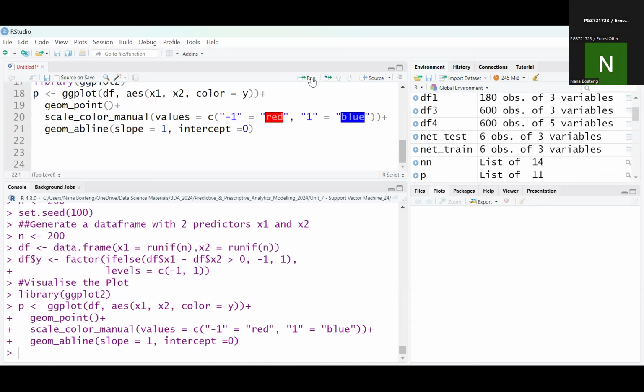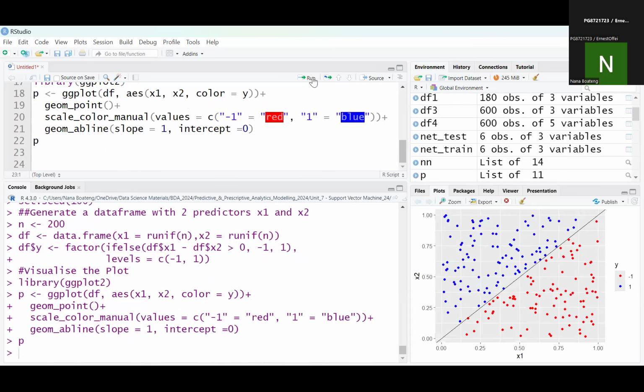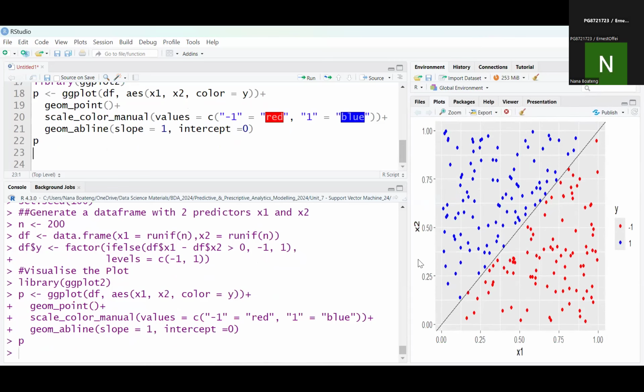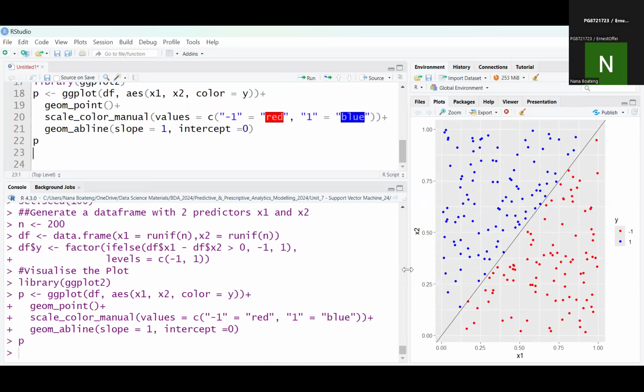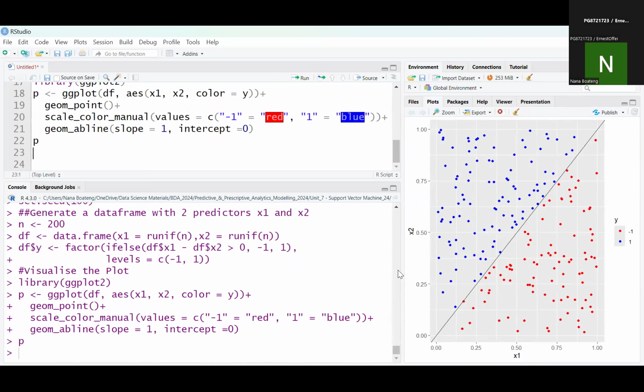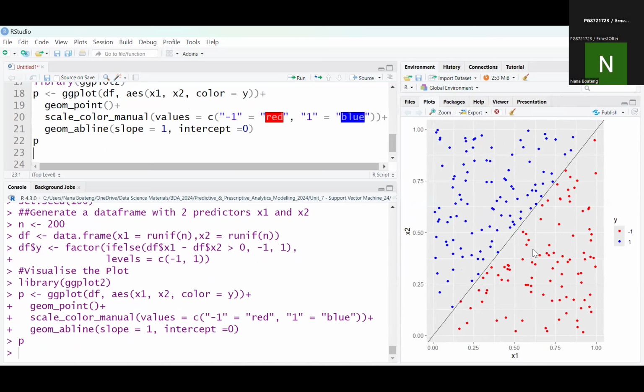So we can plot. Let's see what we have here. We have two classes, those that are above the abline and those that are below it.